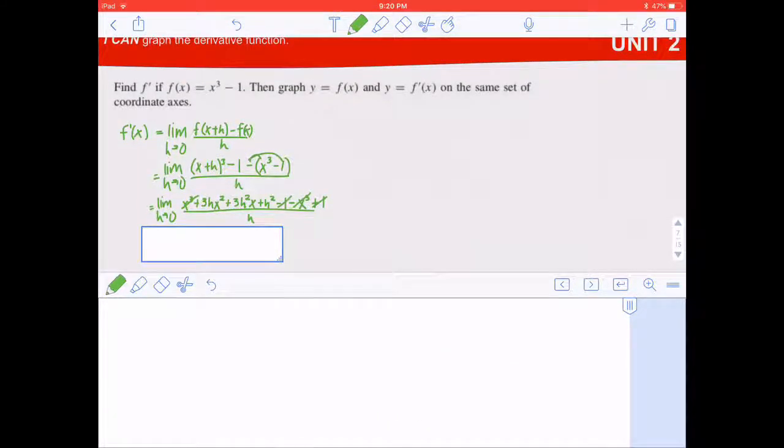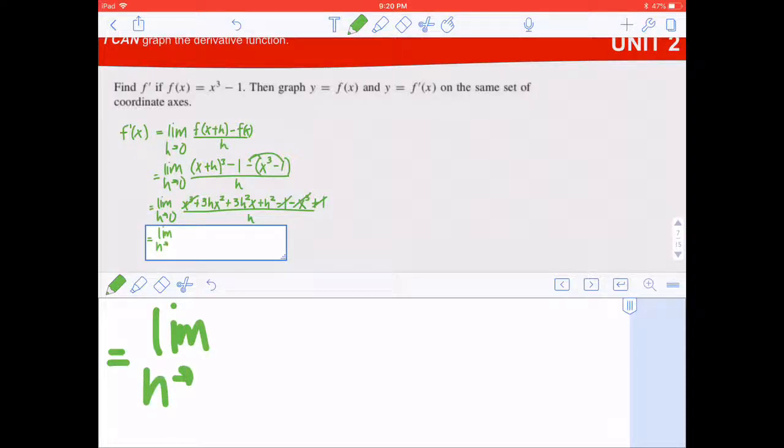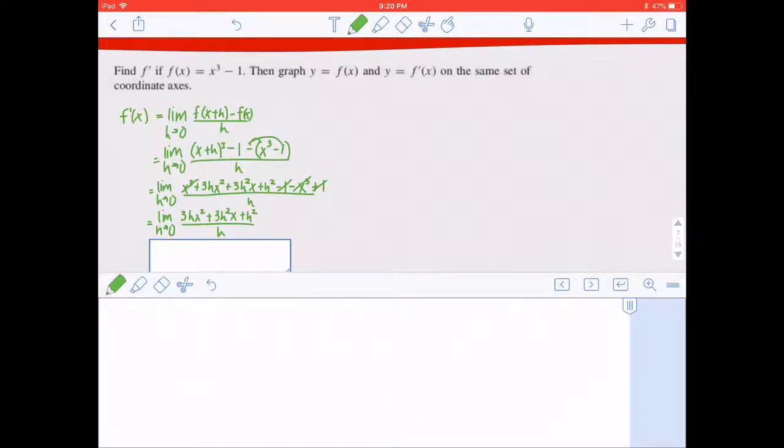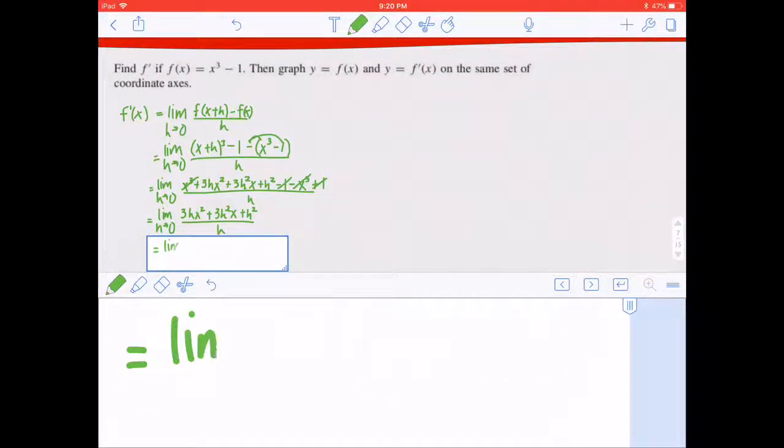So now I'm left with the limit as h goes to 0 of 3hx squared plus 3h squared x plus h cubed over h. I can factor out an h from each of these terms.